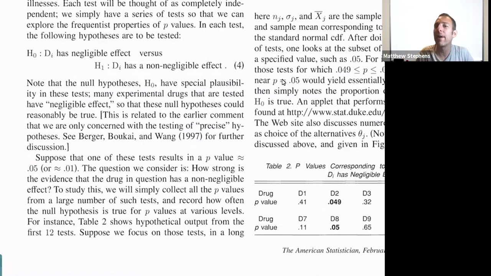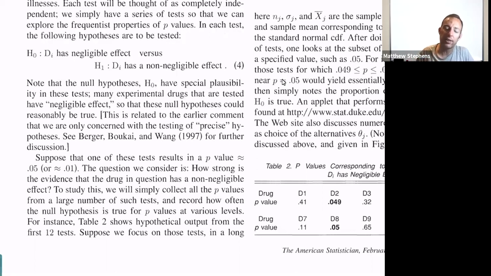If you do a test with no power, the p-value is uniform under both the null and the alternative, and so the p-value tells you nothing. And so among the ones near 0.05, the null will be exactly at the background rate, which is 50% in this example that we just mentioned. Okay, so the power or the effect sizes are one thing, and the proportion of the two types of drugs is the other.